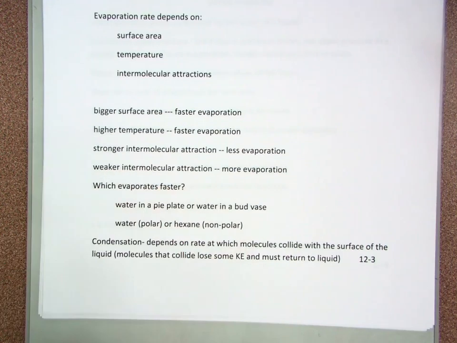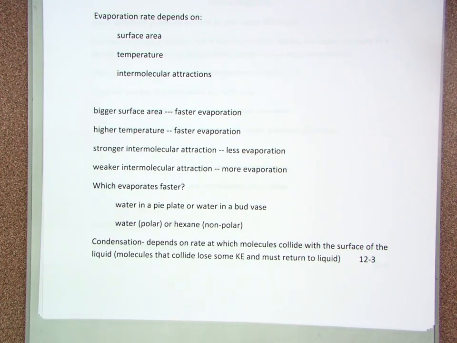Okay, so evaporation rate depends on several different factors. It depends on surface area, temperature, and intermolecular attractions. At a higher temperature, you get more evaporation because molecules are moving faster. When you have a higher surface area, there's more surface, so more molecules are at the surface, so it's easier to evaporate.